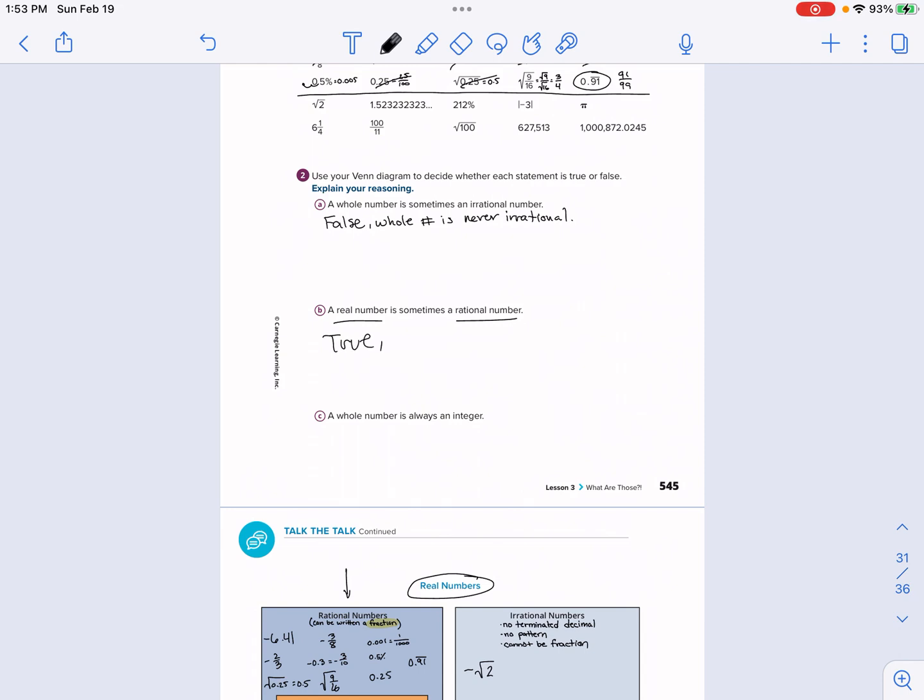A real number can be either rational, which means it can be written as a fraction, or it can be irrational, which means it cannot be written as a fraction. Okay. And the last one, a whole number is sometimes an integer.